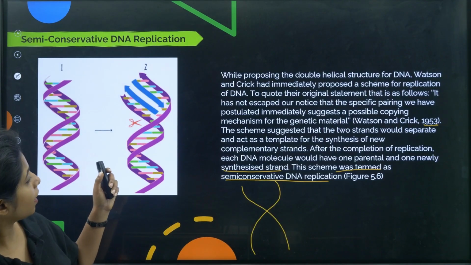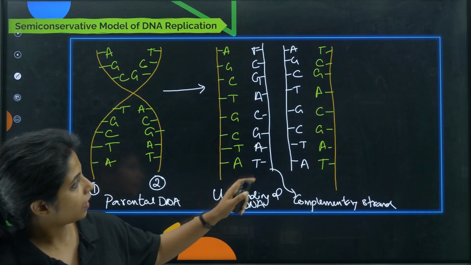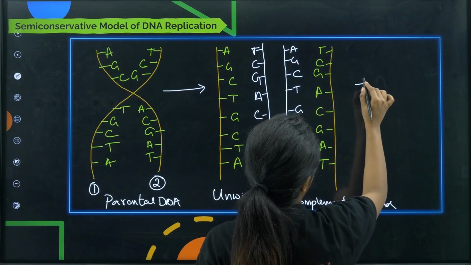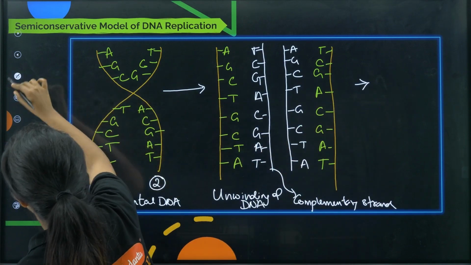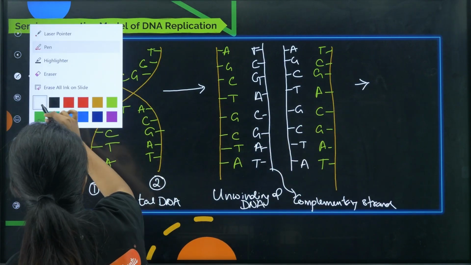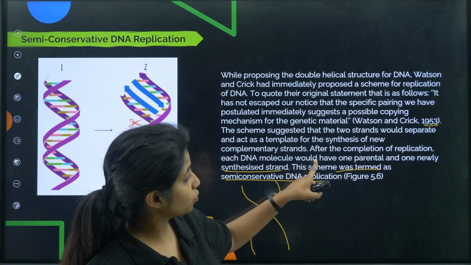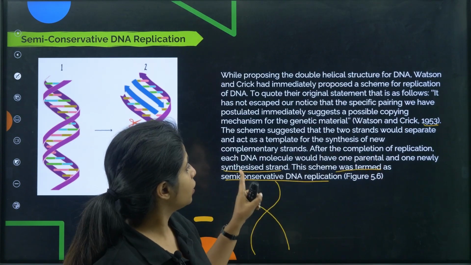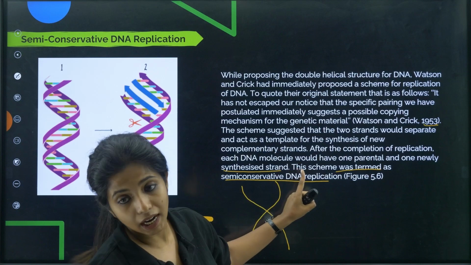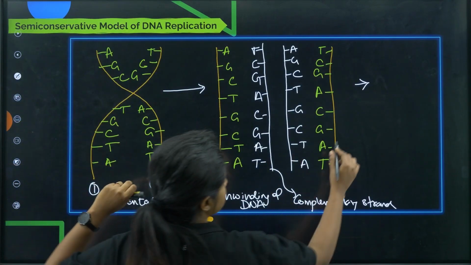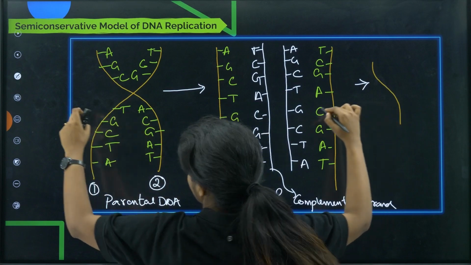Over here, what is happening? Are you able to understand this? And at the end, what are we getting, children? We are getting, okay, each molecule would have one parental and one newly synthesized strand. So over here, at the end, I will be getting something like this.